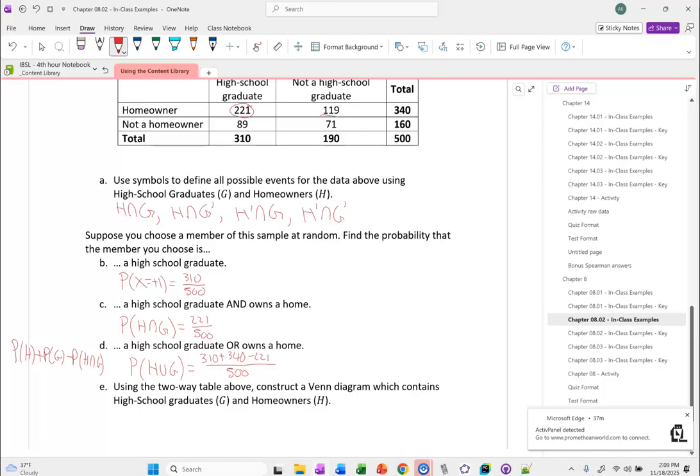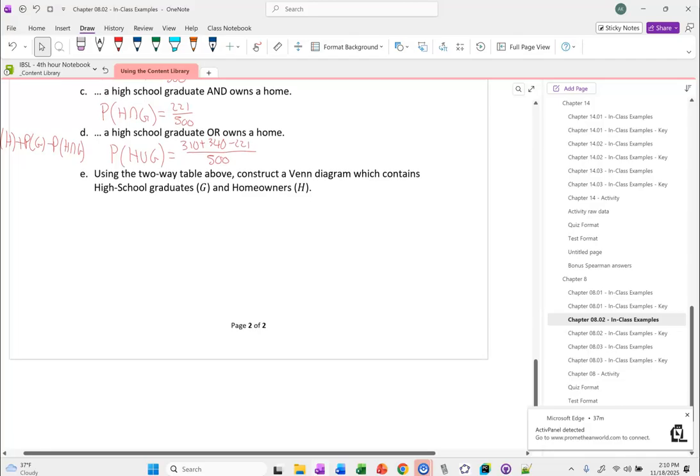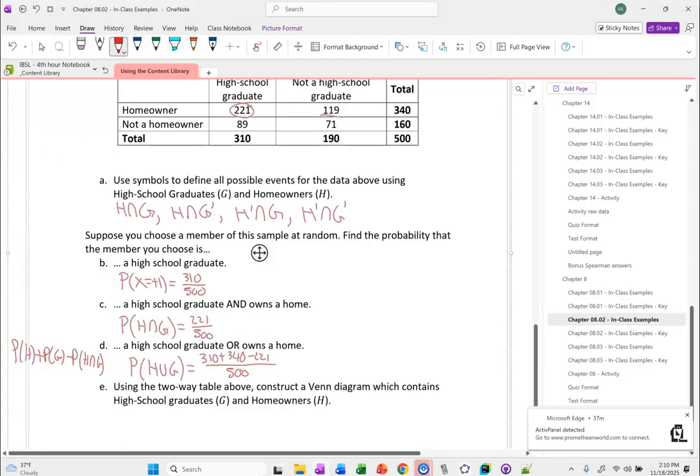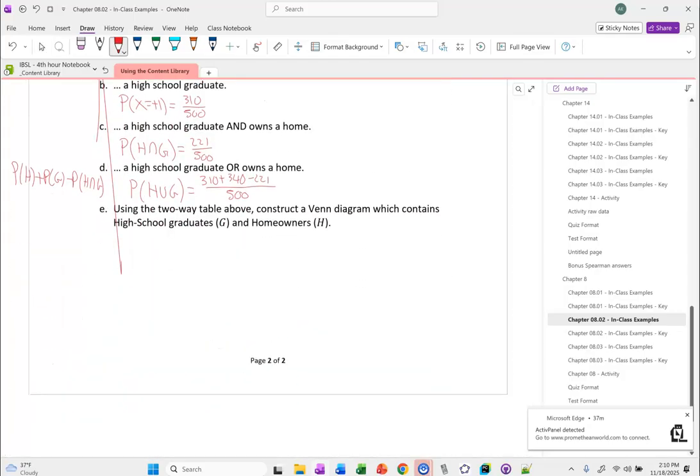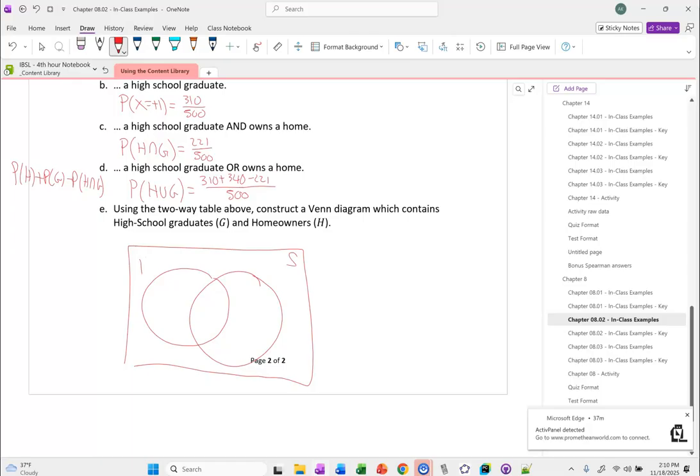Yes, 89 plus 221 plus 119. Yes. You can do it that way as well. All right, construct the Venn diagram. Okay.